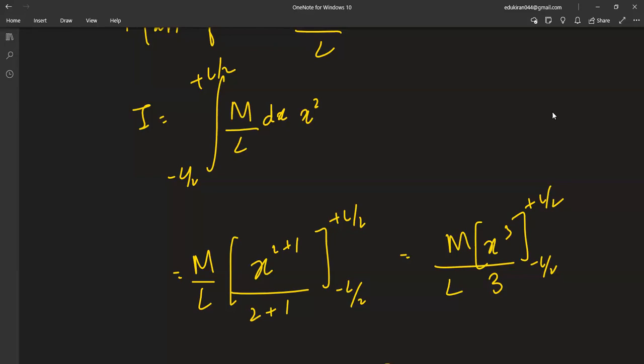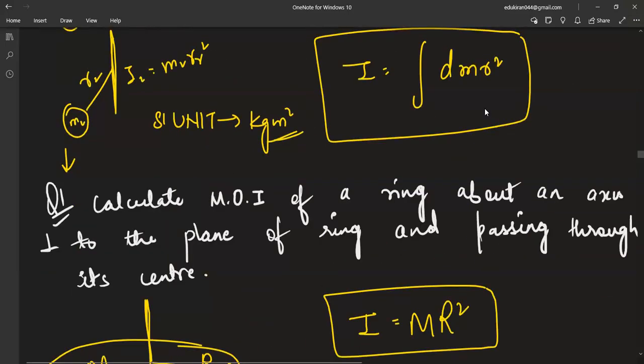Ma'am, can you explain how we got x squared there? Can you explain that step, M by L dx x squared, how we got that? See, the formula I've told you: dm x square was already there, right?